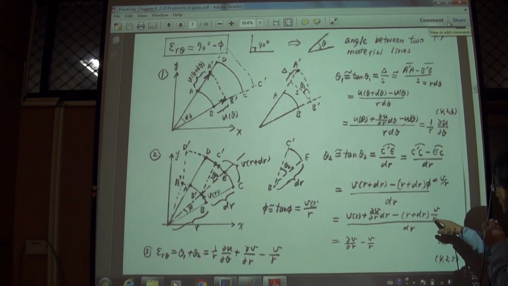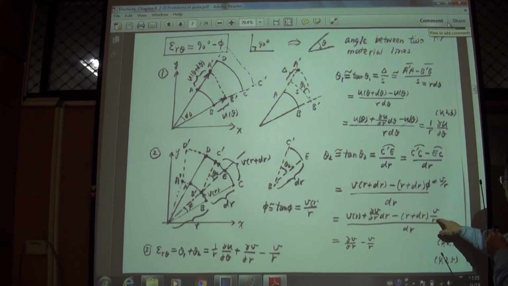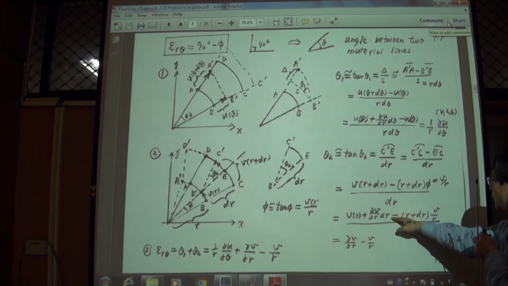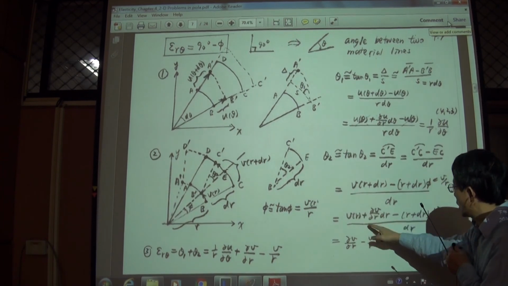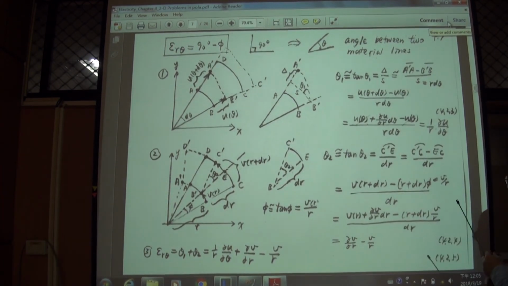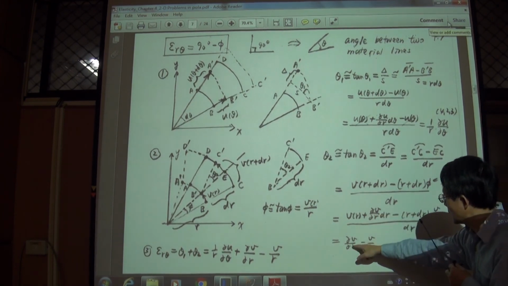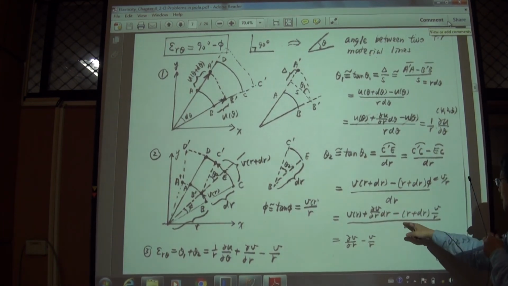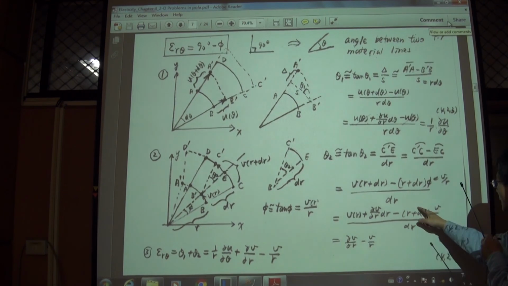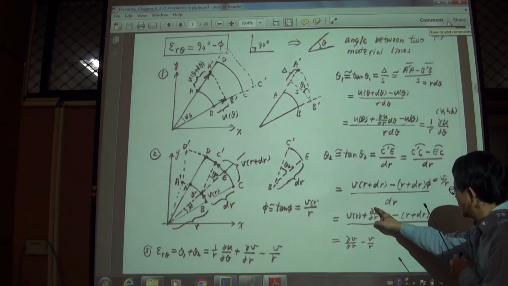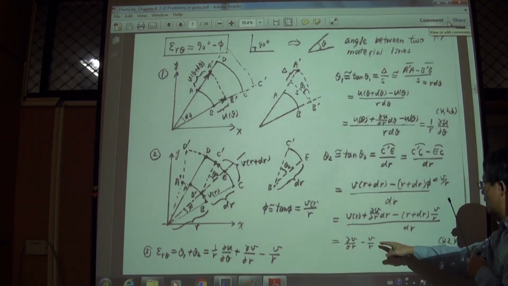This term times this term times this term equals V, so this V can be subtracted with this V because we have a minus sign here, and they cancel out. The rest will be this term and this term. Why? Because dr can be cancelled out with this one, and this one becomes this one.